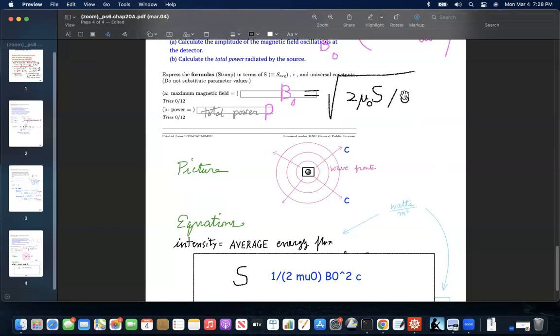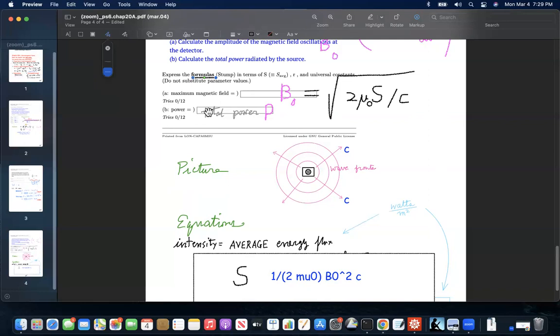Now, in this problem, you're supposed to give the answer in the form of formulas. So what would go in this box here is the square root of 2 mu 0 S divided by c.